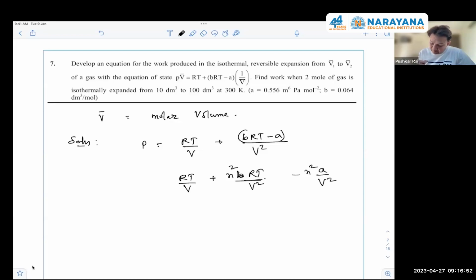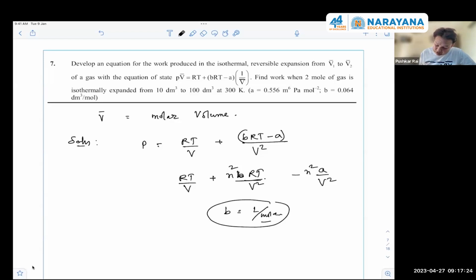Sir, because V is molar volume, so we can directly write it as V by n. V is molar volume, all right, but b is also molar volume. What is the unit of b? b is of course liter per mole. So it also has the dimension of molar volume. One molar volume is cancelled with one molar volume.